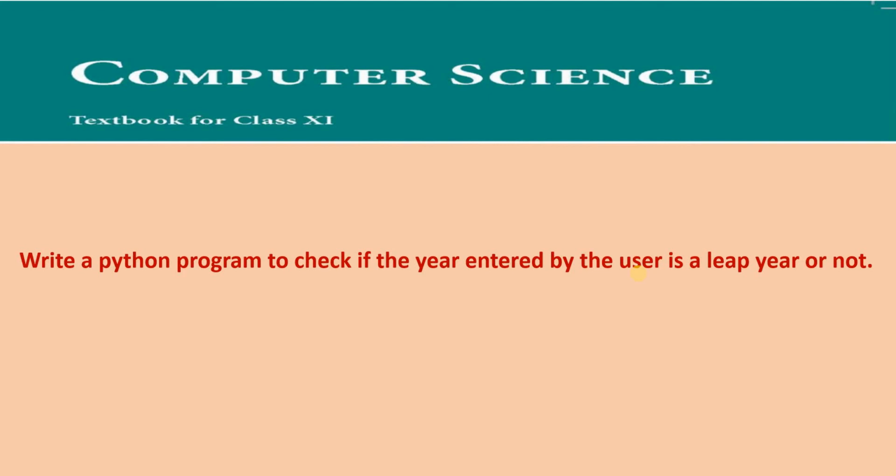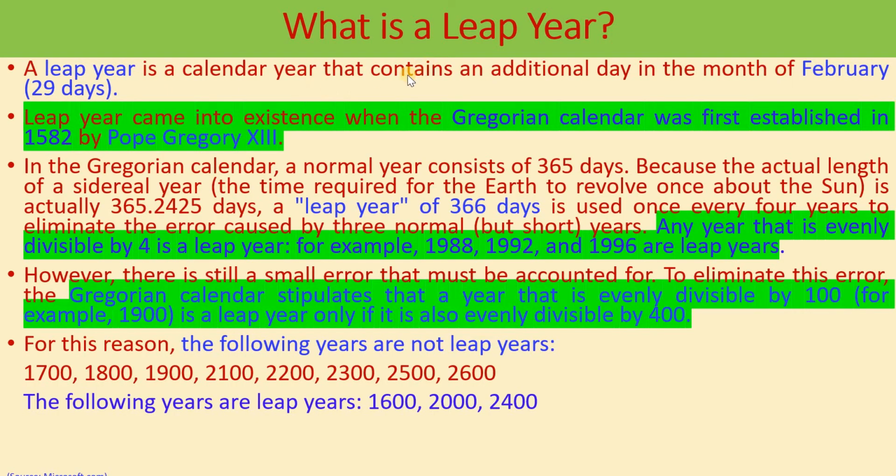First of all, let's see what a leap year is. A leap year is a calendar year that contains an additional day in the month of February. Normally, the month of February, as we know, consists of 28 days, but in a leap year, the month of February has 29 days. The concept of leap year came into existence when the Gregorian calendar was first established in the year 1582 by Pope Gregory XIII.